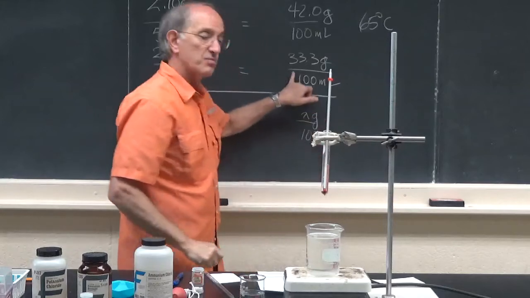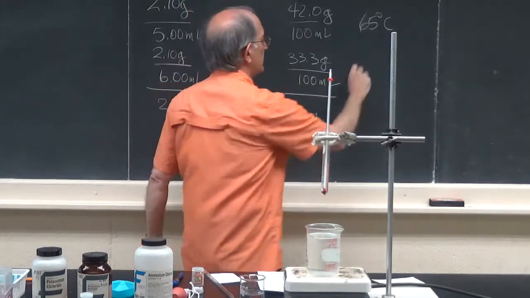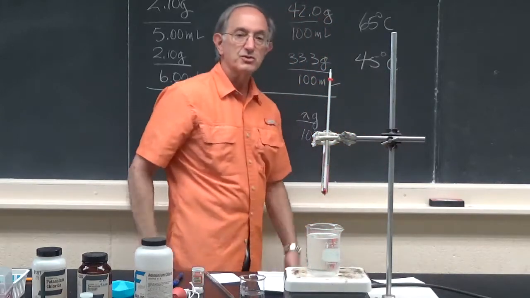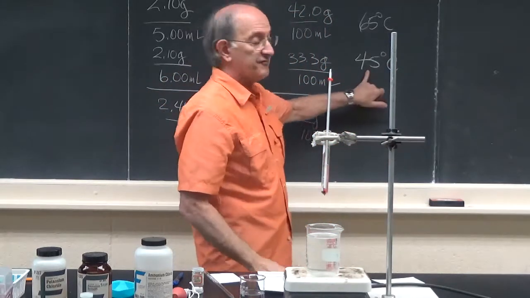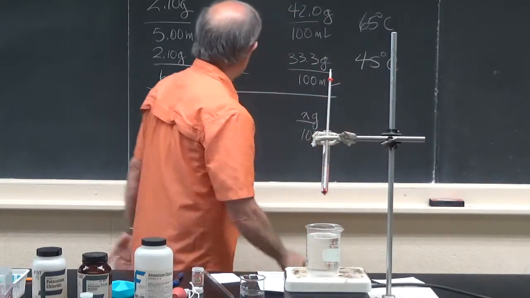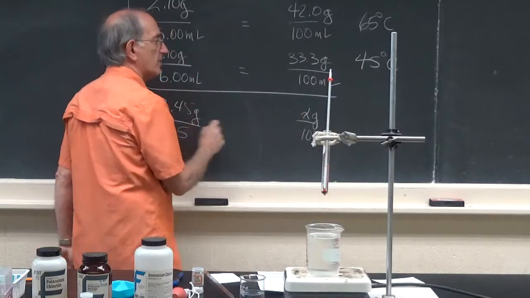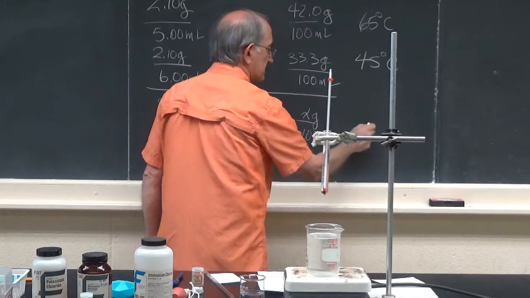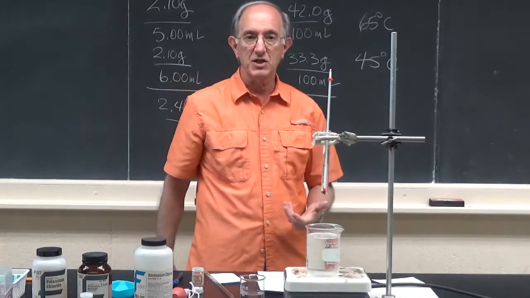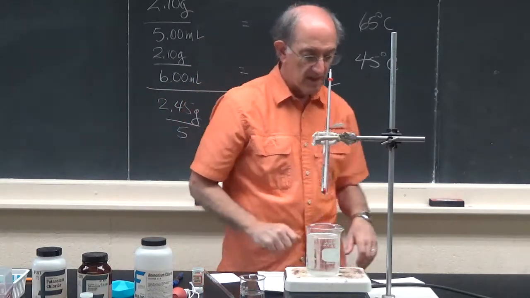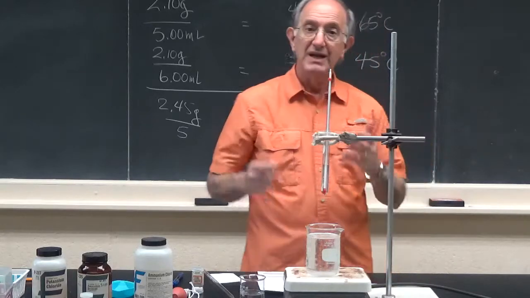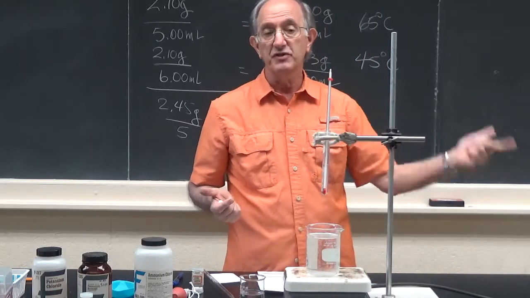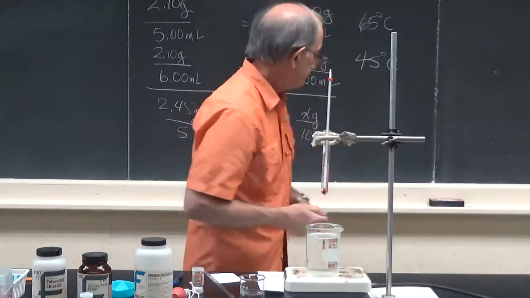And let's just say this more dilute solution comes out of solution or goes into solution at 45 degrees. And then for your partner, they'll calculate similar concentrations and they'll have the data for the temperature, solubility temperature. Okay? So, what we're going to do is plot your 4 data points after you've exchanged your data.